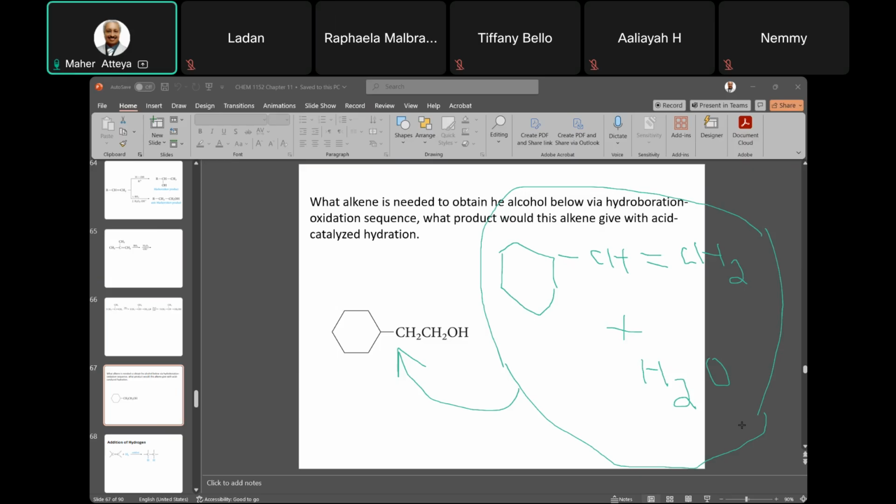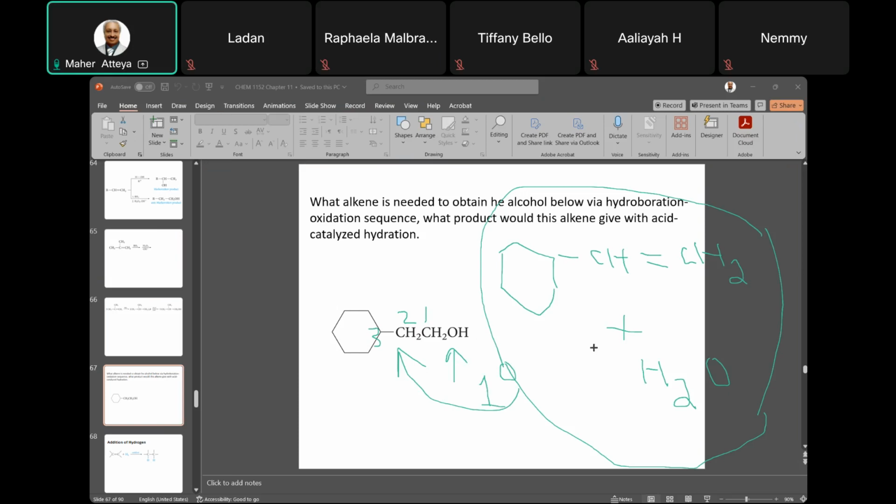Well, listen, the OH is now connected to the first carbon, correct? This is second, this is third. So this is primary. And that's a violation of Markovnikov.